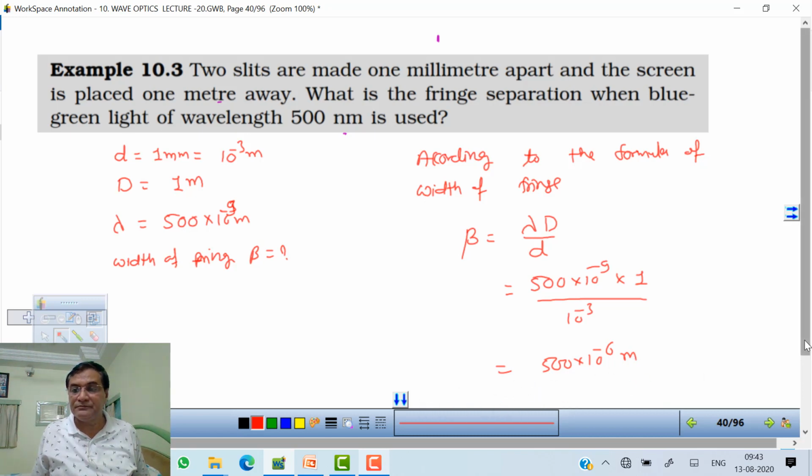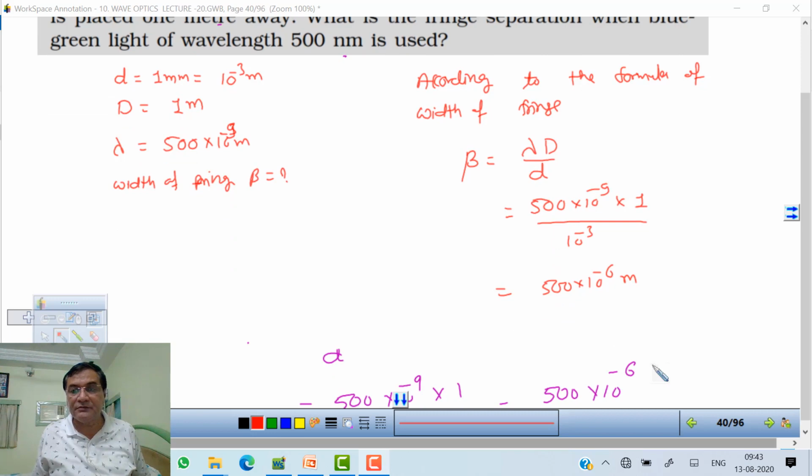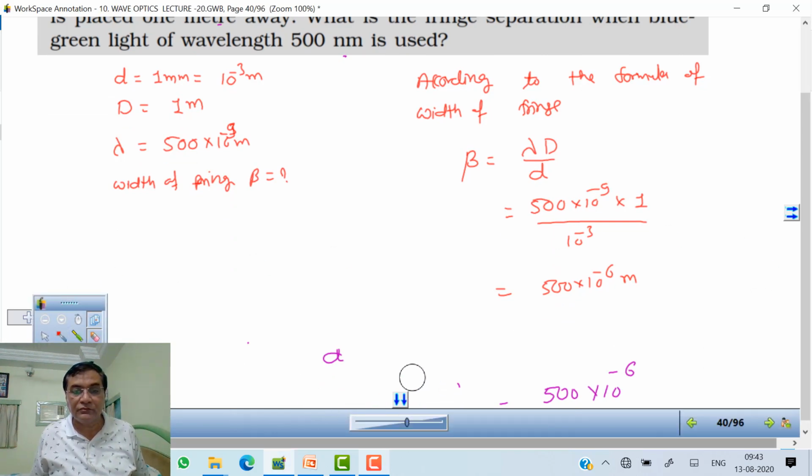So we can write in terms of millimeter or micrometer.